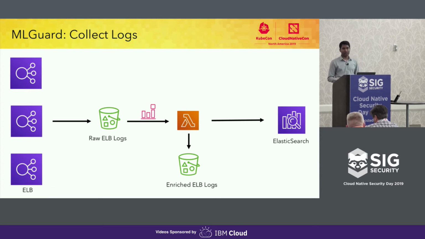For example, ELB logs have IP addresses, but we enrich the data by adding geolocations. It has IP addresses of our instances or VMs, but then we attach security groups and other important information that we have in our environment to that entry, so that it becomes enriched.